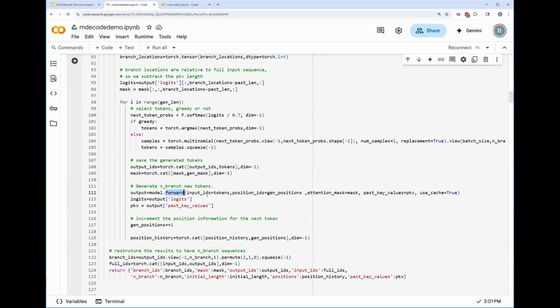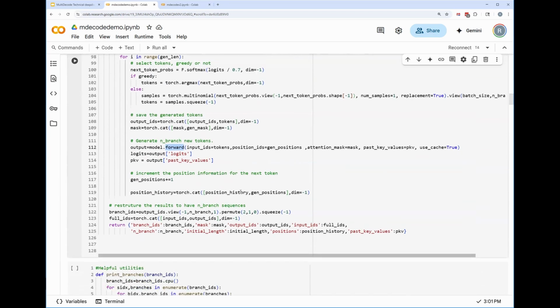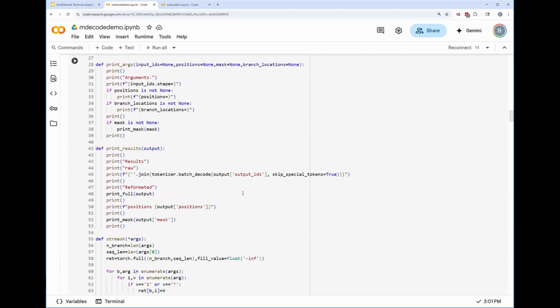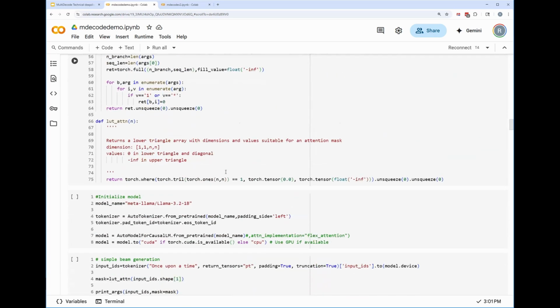Not all transformer language models will support the 4D attention mask, so you have to be a little bit careful, but I didn't go through and find all that did. I'm using Llama, which does, so that was sufficient. Does that seem like enough of a code dive at this point? Okay. Some utilities for printing stuff out.